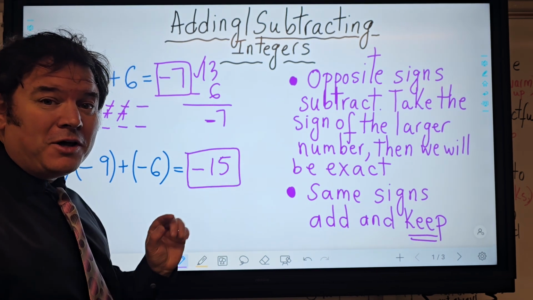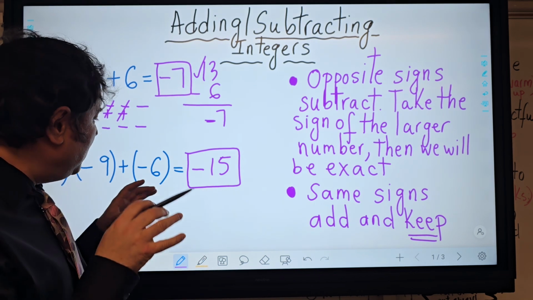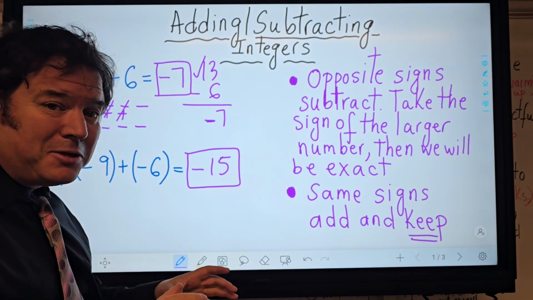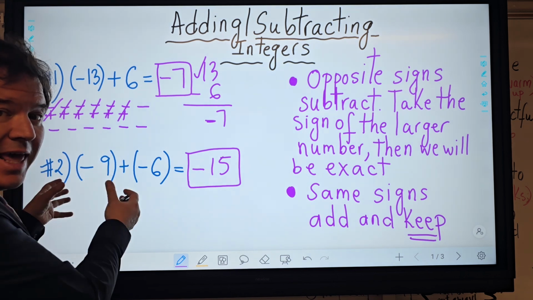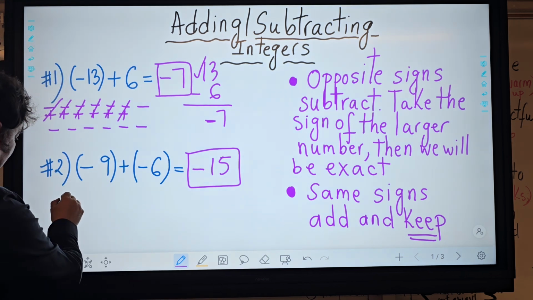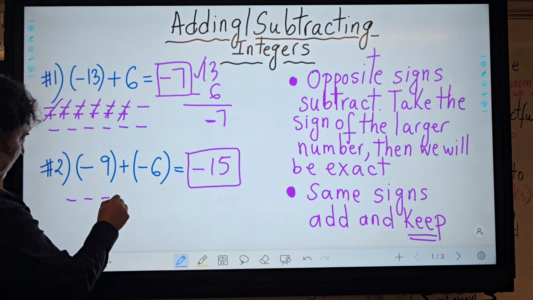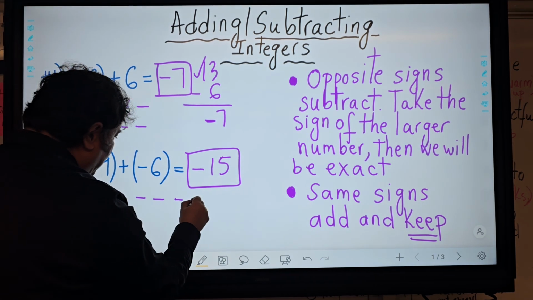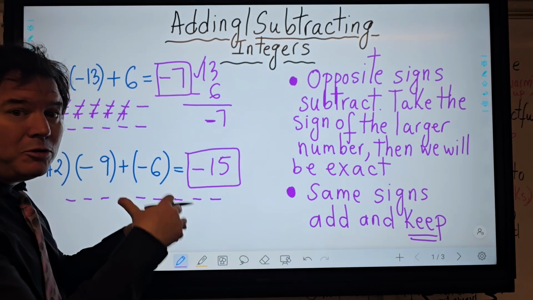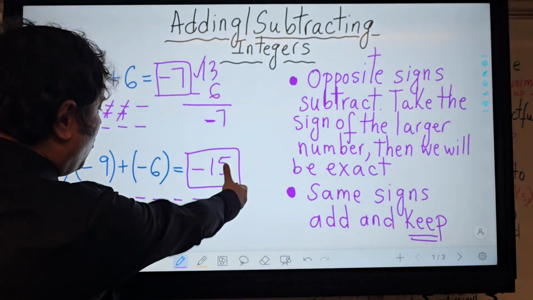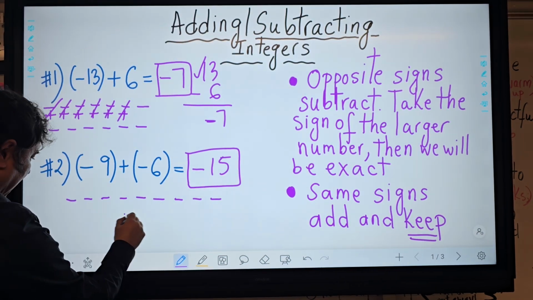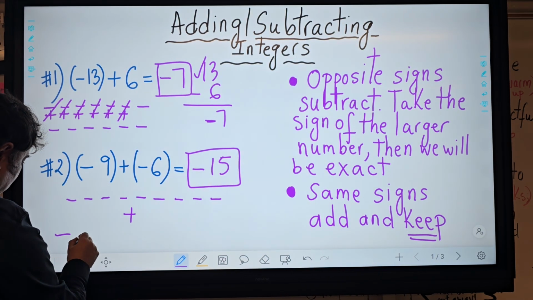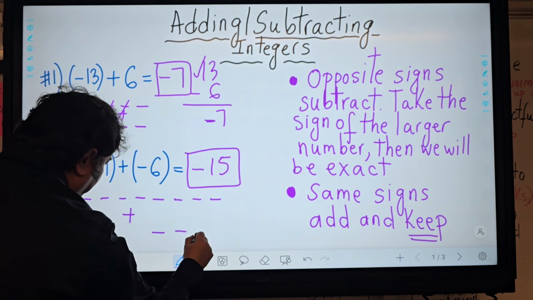And again, if we like to use algebra tiles, let's draw that. We have 9 negatives: 1, 2, 3, 4, 5, 6, 7, 8, 9. Now we are going to add 6 more negatives: 1, 2, 3, 4, 5, 6.